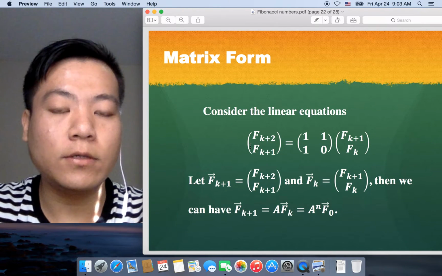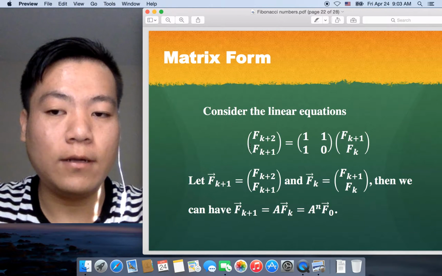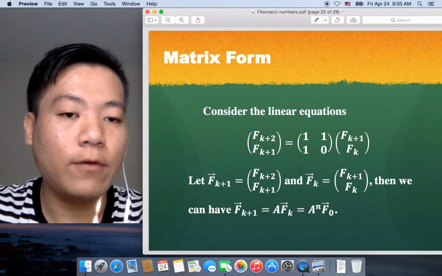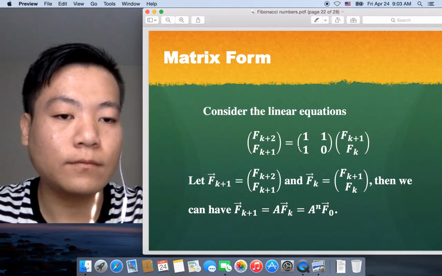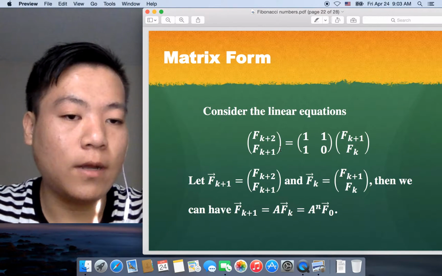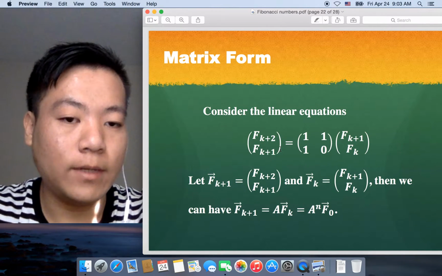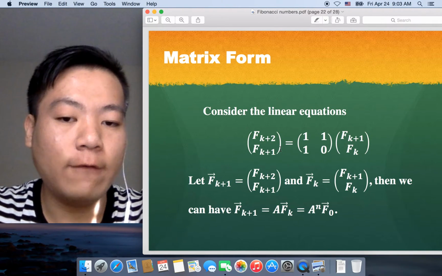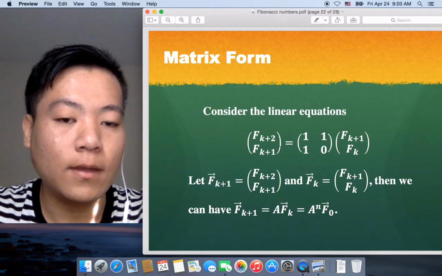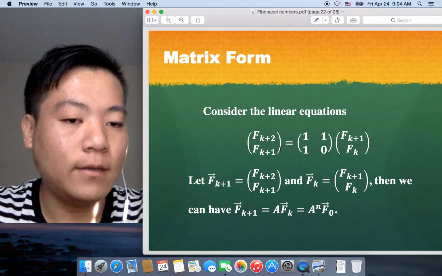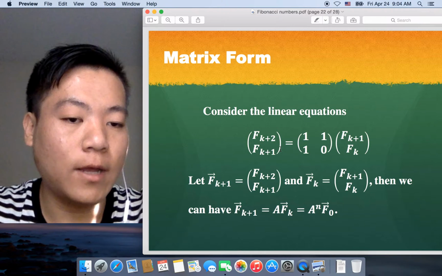Fibonacci numbers can also be expressed in matrix form. Now consider the linear equations: F_{k+2} is equal to F_{k+1} plus F_k, and F_{k+1} is equal to F_{k+1}. Let the vector F_{k+1} equal F_{k+2} and F_{k+1}, and the vector F_k equal F_{k+1} and F_k.